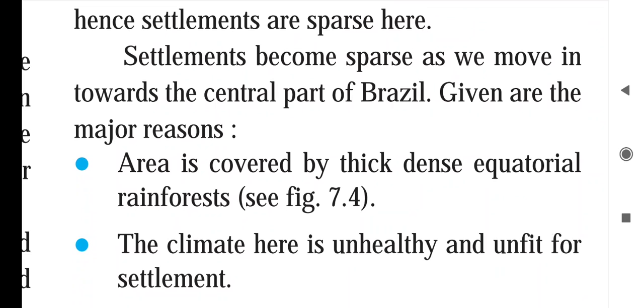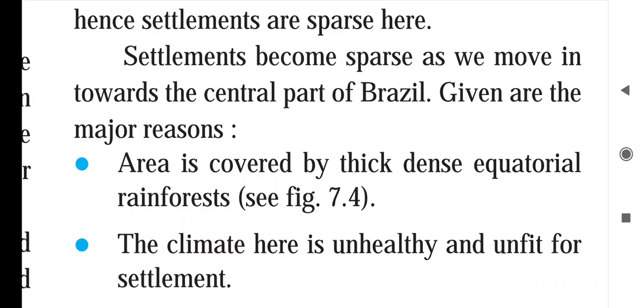See figure 7.4, equatorial region. Because in the equatorial region, as we know, heat is more, daily rainfall is there, rainforest is there, so that is not a suitable region for people to live. The climate here is unhealthy and unfit for settlement.